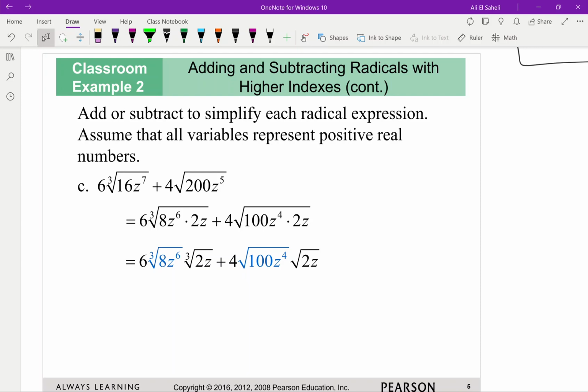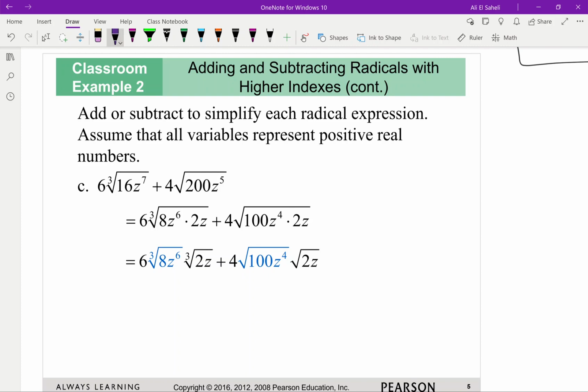Add or subtract to simplify each radical expression. Assume that all variables represent positive real numbers. Okay. We have a cubic root. So here we need to look for powers of 3, or exponents that are divisible by 3.